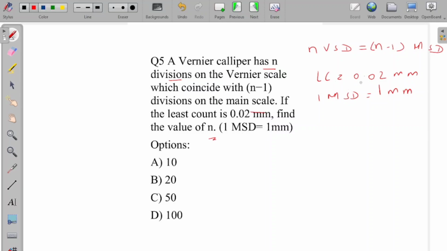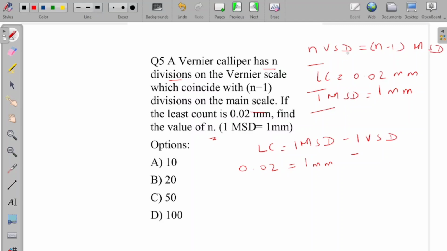So let's use these three things to find the value of n. We know that the formula of least count is 1 MSD minus 1 VSD. Now let's get the values from over here and put them in this equation. 0.02 is equal to 1 MSD, which is 1 millimeter, minus 1 VSD.